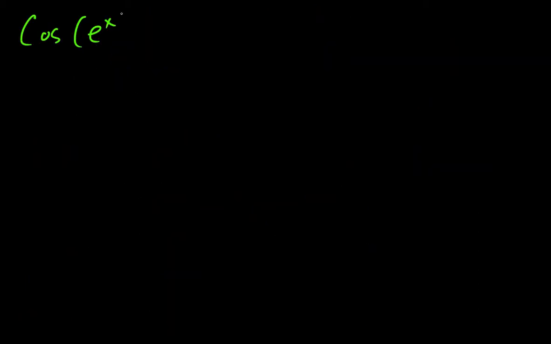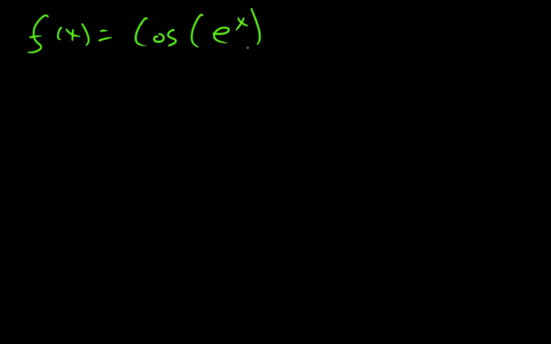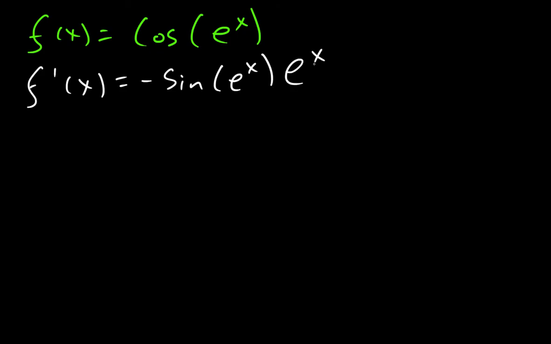Actually, let's write it like this. f of x equals cosine of e to the x. And if we take the derivative of that, the derivative of cosine is negative sine. Rewrite the inside, and then multiply by the derivative of the inside.